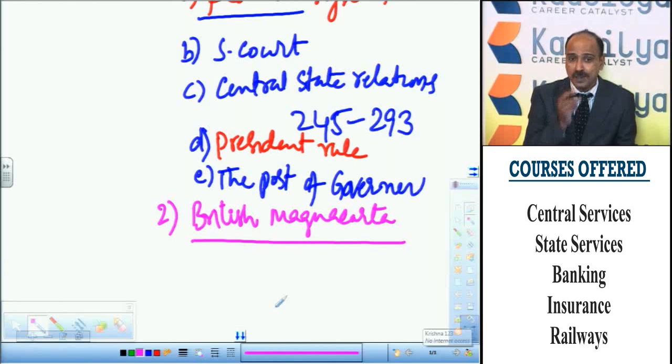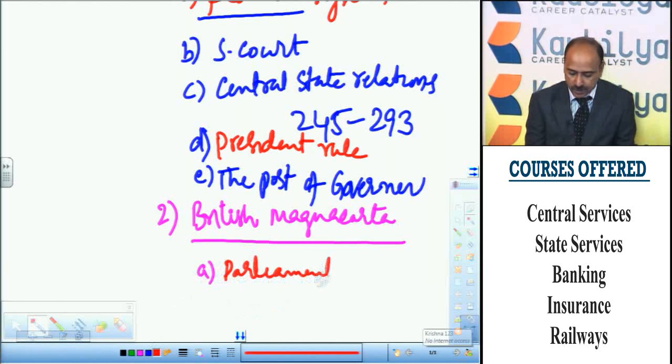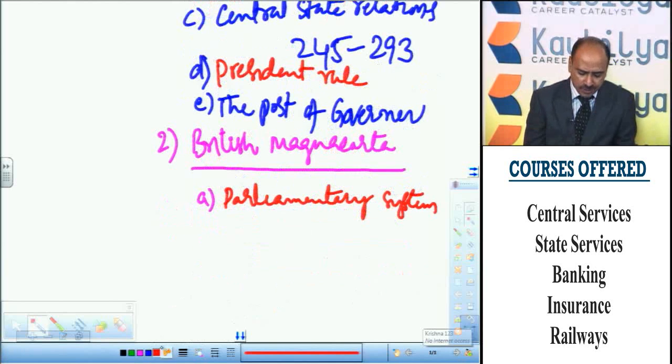We borrowed some important concepts from it, the most important being the parliamentary system of government. Parliamentary system means PM, Council of Ministers, Lok Sabha, Rajya Sabha, dual house system, Lok Sabha Speaker. All these concepts were borrowed from it.